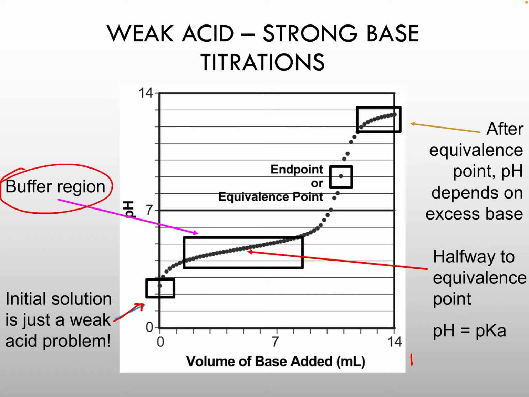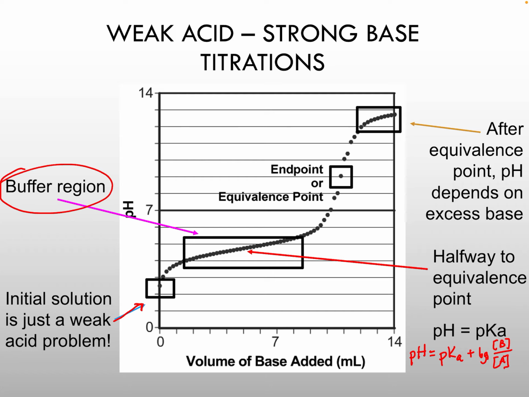And that's because if you think about our equation, pH equals pKa plus log of the base over the acid, right? At halfway to the equivalence point, that means that half of our weak acid molecules have been converted to conjugate base.